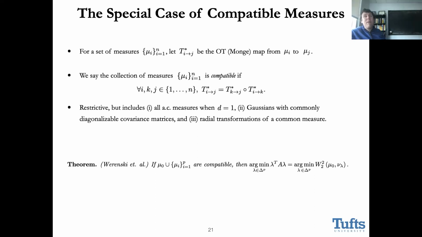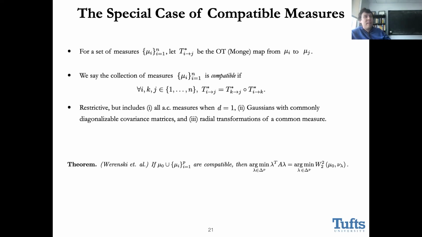These measures will be compatible if the optimal transport maps satisfy the following composition property: the optimal transport map from the ith measure to the jth measure can be written as the composition of first going from i to k and then k to j, for any choice of k and any i and j. This is a pretty strong condition that the way these measures interact is very simple. So what kinds of things satisfy this property?